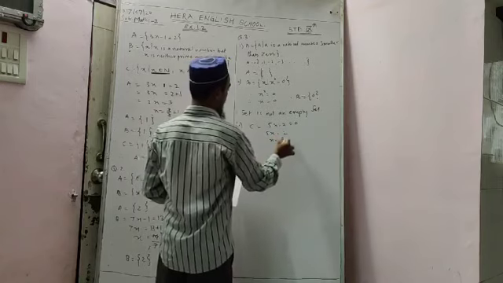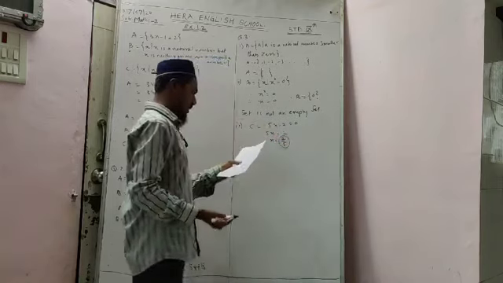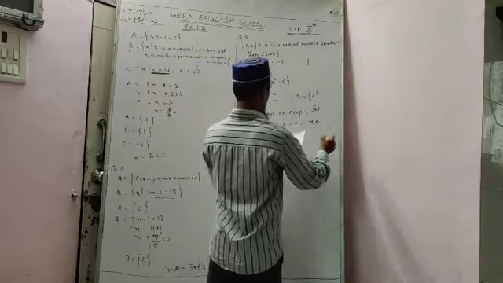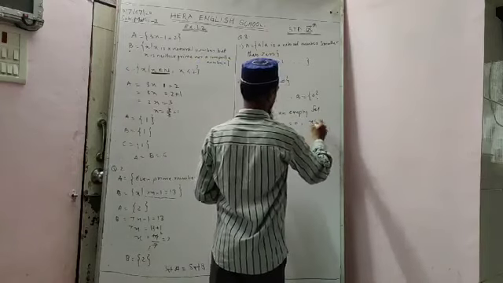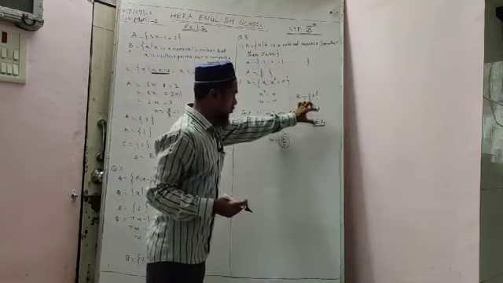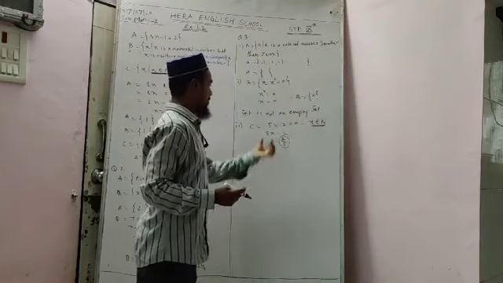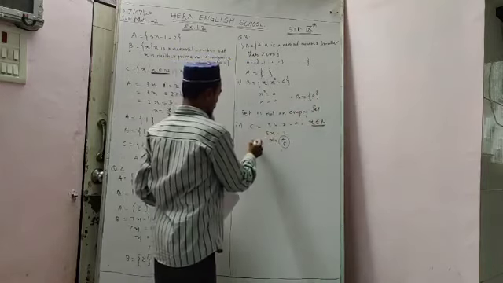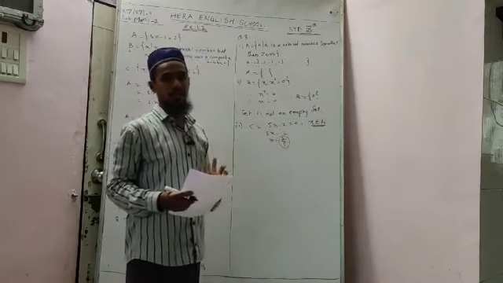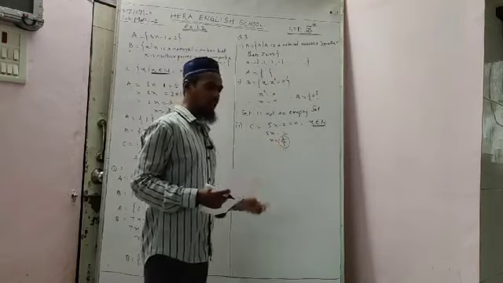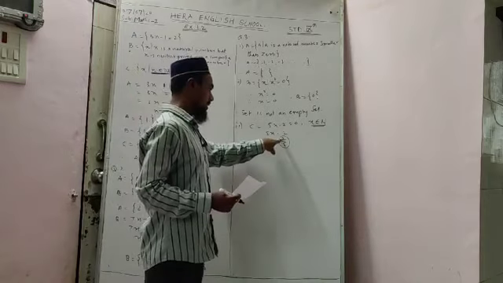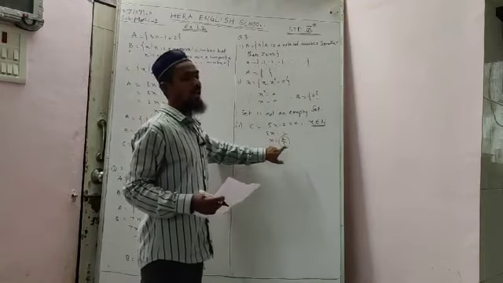According to the question, x is a natural number, but in the answer we are getting x equal to 2 by 5. This 2 by 5 is not a natural number. You know very well that natural numbers are 1, 2, 3, 4, 5.